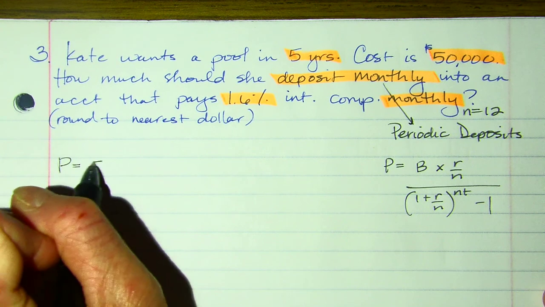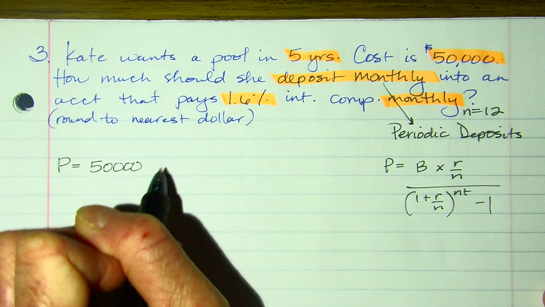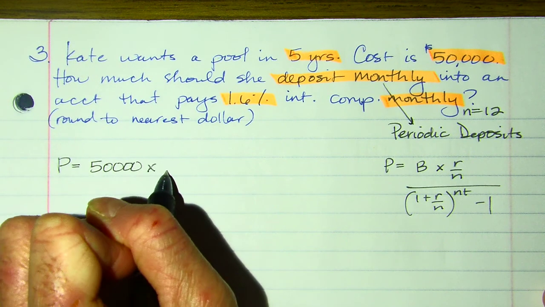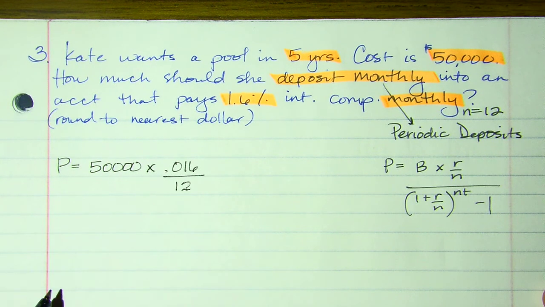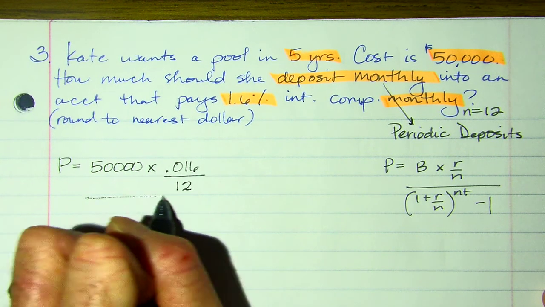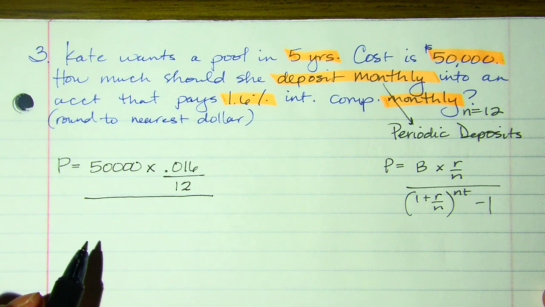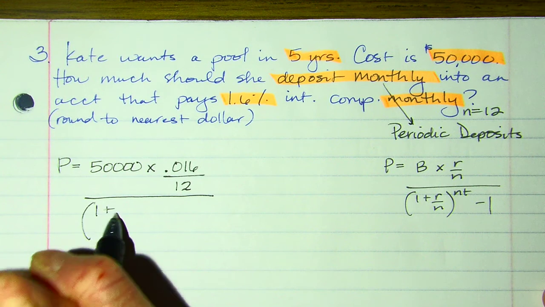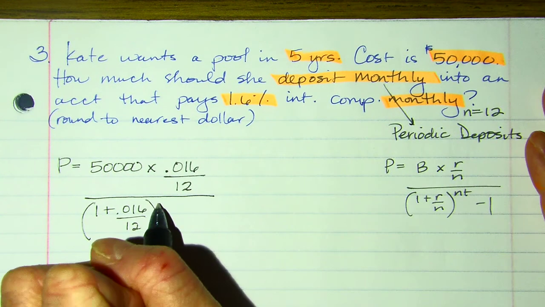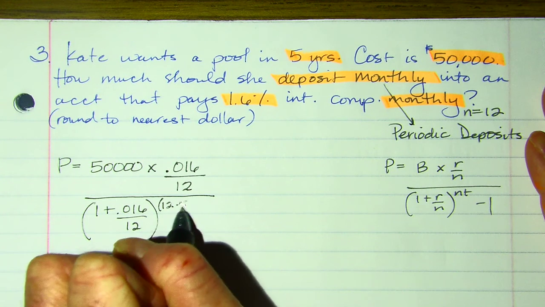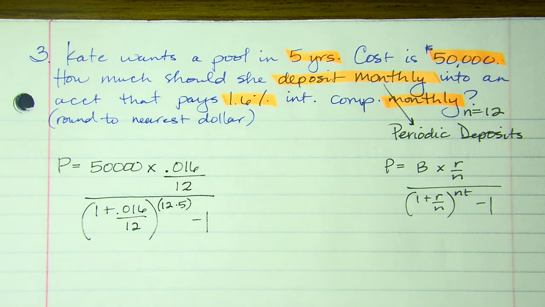So let's fill in our formula. She wants a balance of $50,000 times my rate, which is 0.016 divided by 12, all over 1 plus my rate, so it's this part again. I have an exponent, though, of 12 times 5 and then minus 1. Now, how you enter this in your calculator is super, super important.